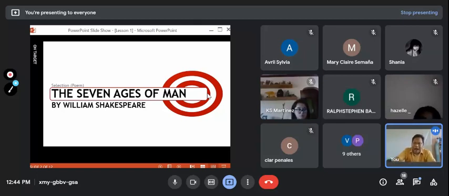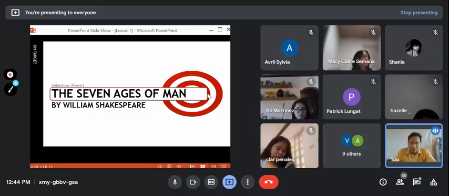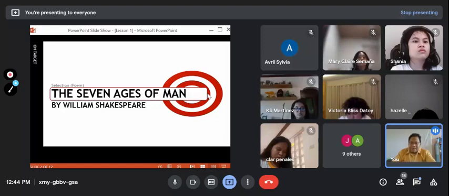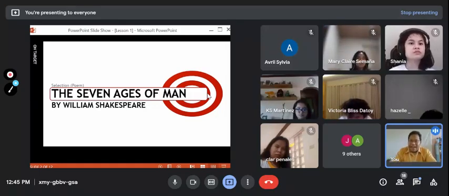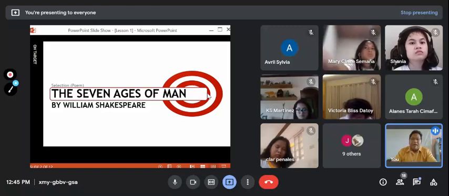Before we go into how The Seven Ages of Man is supposed to be read, let's examine first some tips and important notes regarding reading poetry. Hopefully, these tips and notes will guide us on what approach we should use in reading the poem entitled The Seven Ages of Man.